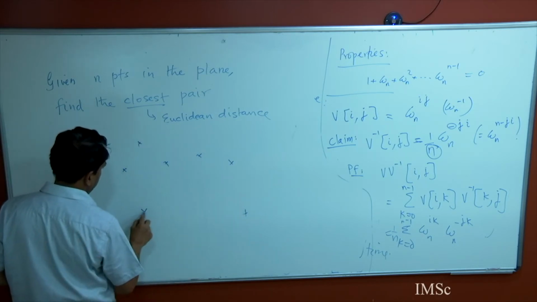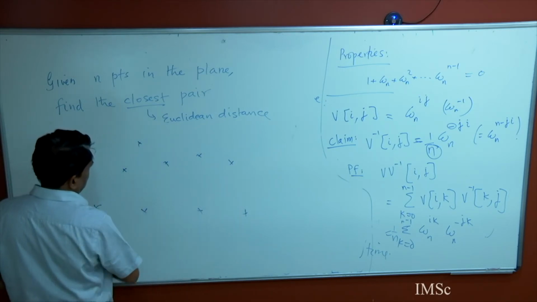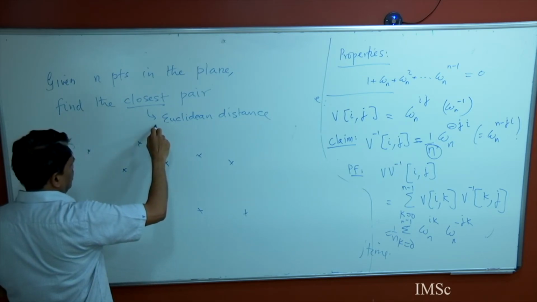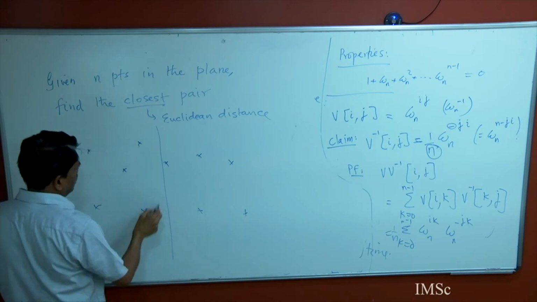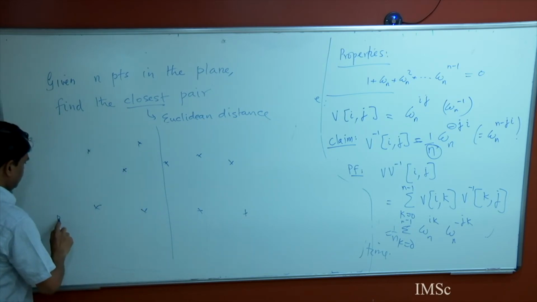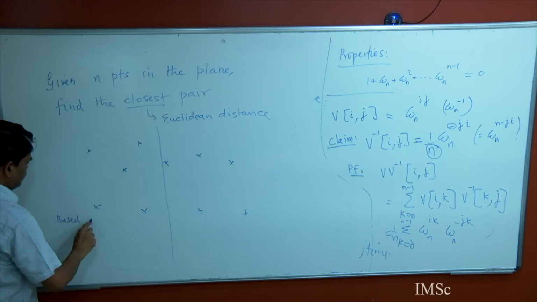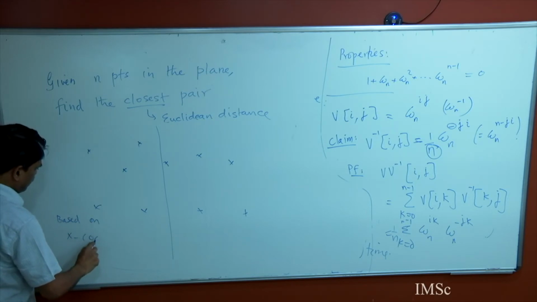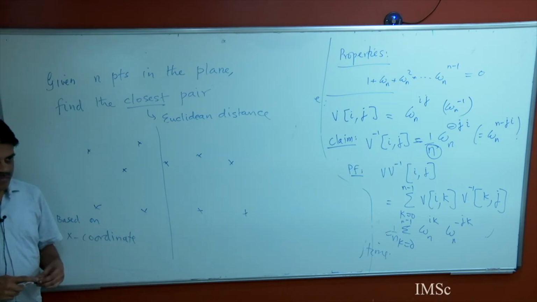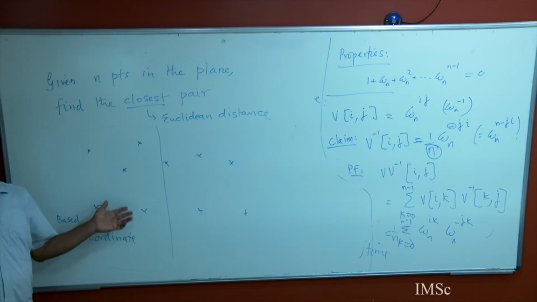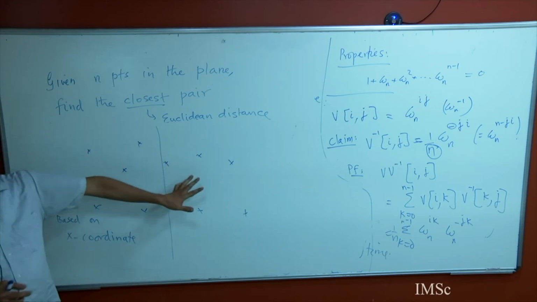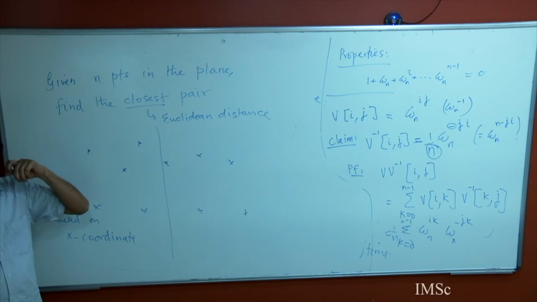so sort the points under x coordinate. So my points are like this. So I sort them under x coordinates and divide it into two halves based on x coordinates, right? So if your goal is to divide it based on x coordinate, half the points are here, half the points are there, do you really need to sort?